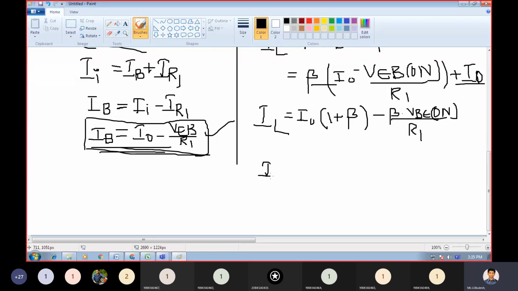For this, the I0 maximum value is equal to 1 amp for the 7805 IC regulator, and assuming that VBE on is equal to 1 volt, and the beta value is equal to 15.